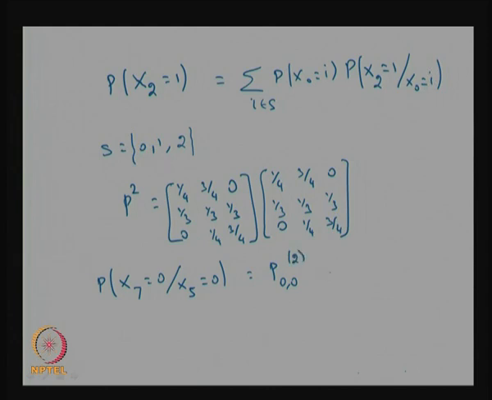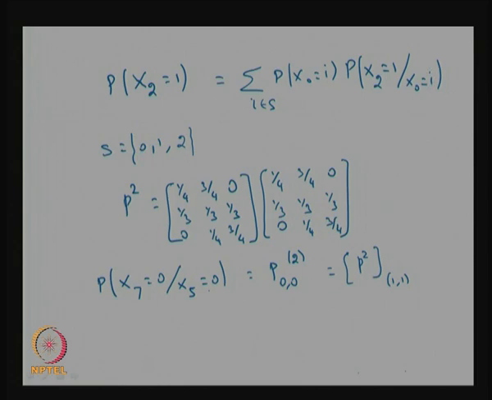That means you find out P square. From P square, the 0, 0 entry is nothing but the first row, first column element, and that is going to be the probability of X7 equal to 0 given that X5 is equal to 0. Similarly, you can find out all other different conditional probabilities.